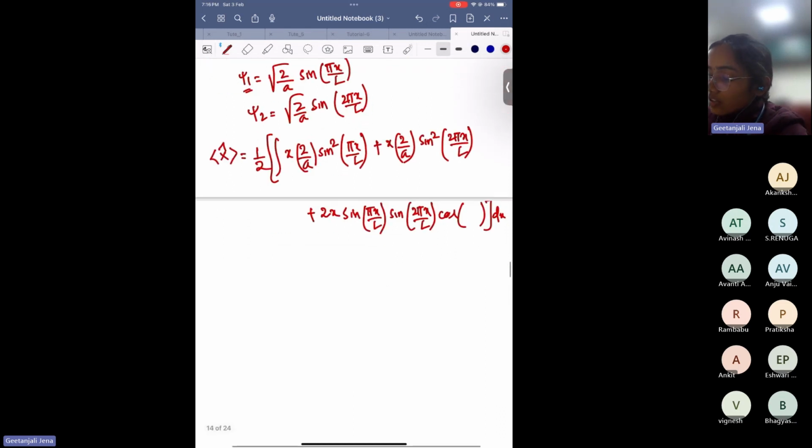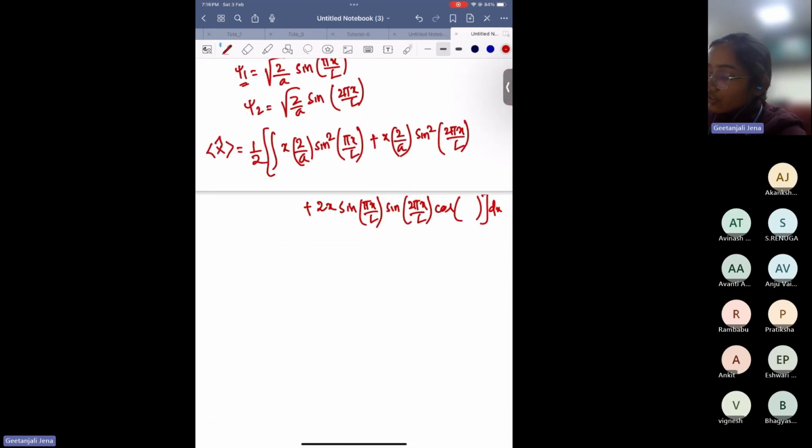So now just use the integration by parts rule.